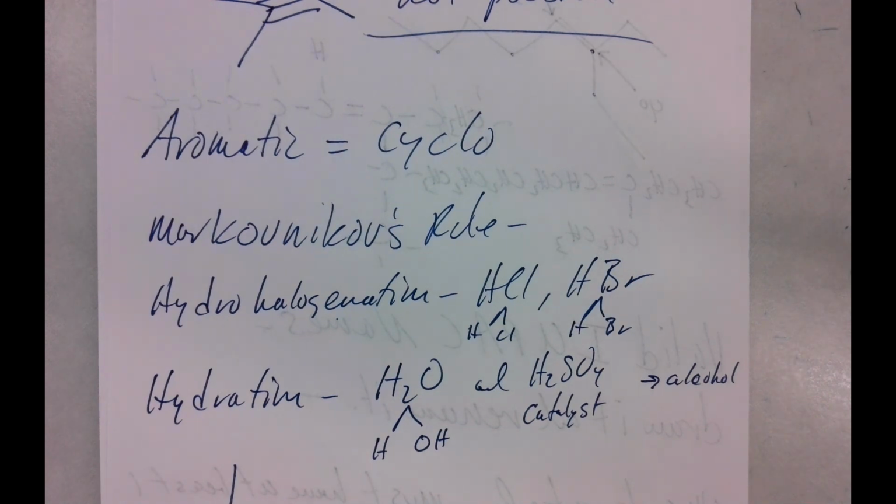And I am pretty sure that there is one of everything on the test. There's one of all 5 of those, technically. So I've got the 4 where the double bond breaks and I add them in on each side, right? The halogenation, the hydrohalogenation, the hydrogenation, and the hydration.